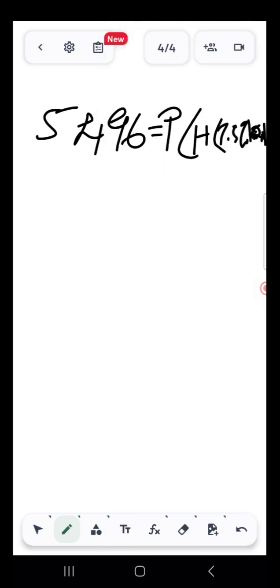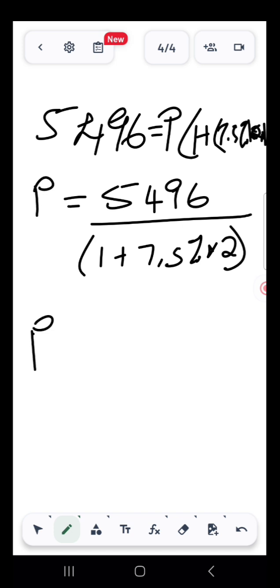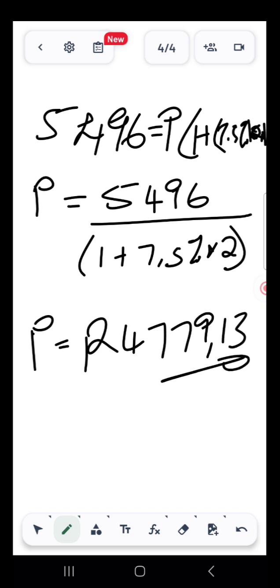So on your calculator, make P the subject of the formula. Make P the subject of the formula, and then it will be 5,496 divided by the bracket, which is 1 plus 7.5% multiplied by 2, and then P will be equals to 4,779.13. You see, this question was interesting.